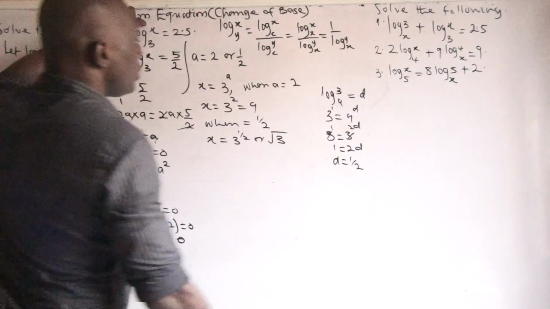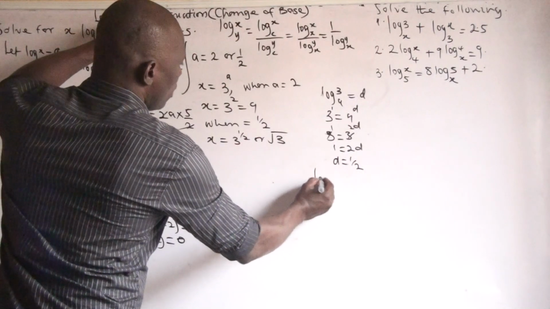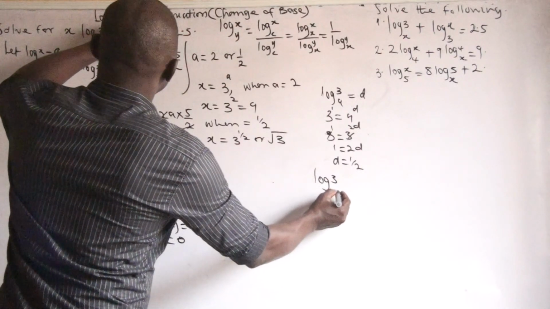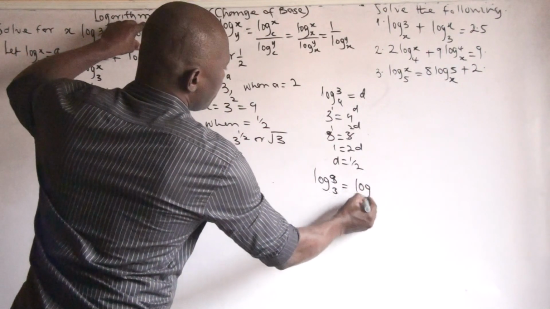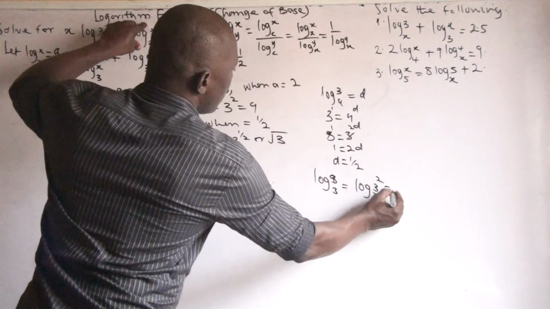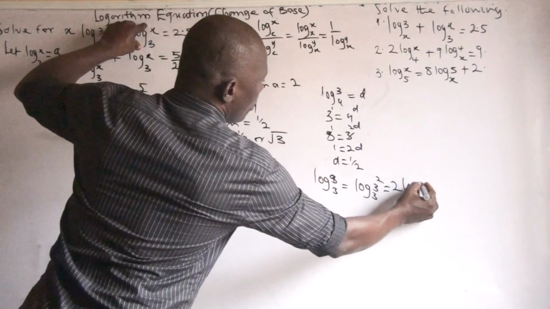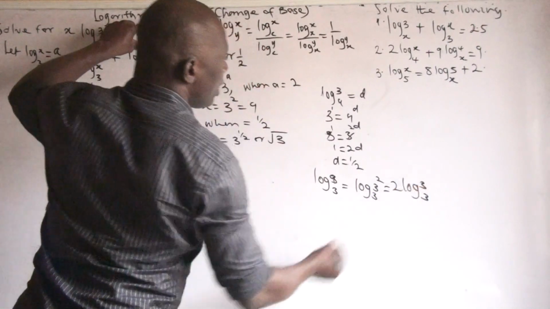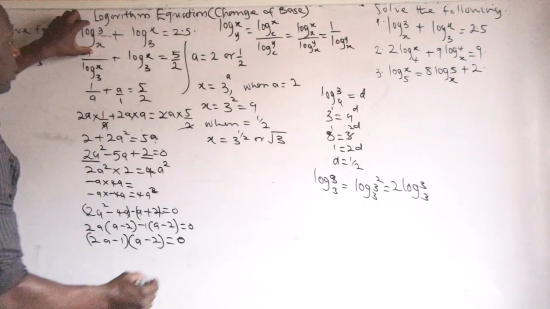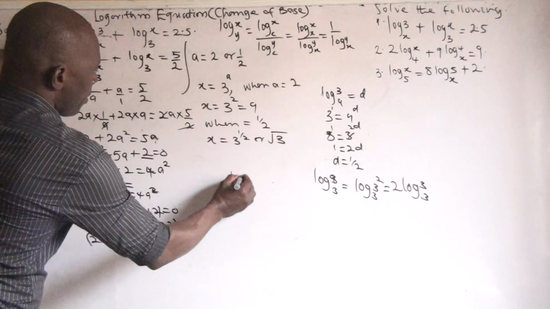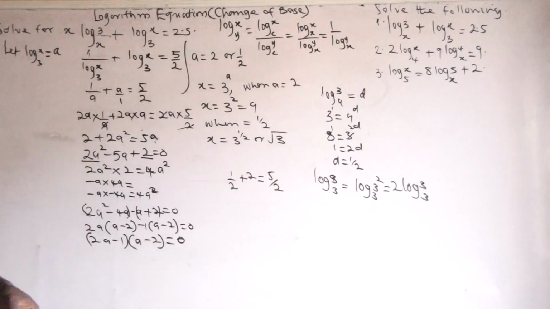Similarly, on this part of the equation, we have log 9 base 3, which is log 3 squared. This becomes 2 from logarithm, times log 3, and log 3 is 1, which is 2. So from here this logarithm is half plus 2, which is the same thing as 5/2 or 2.5.